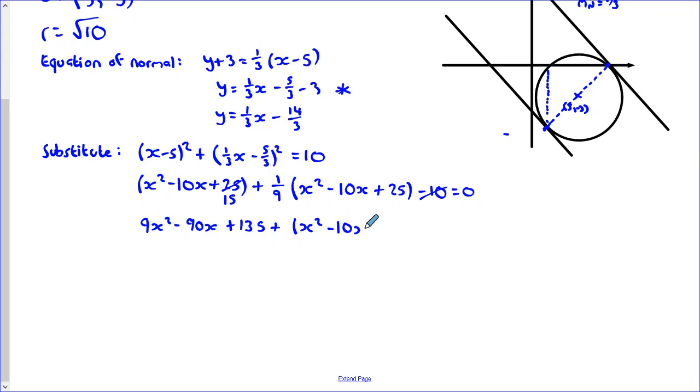Don't need the bracket. Right, so I can combine these. 10x squared minus 100x plus 160. Right, thankfully that nicely divides by 10.